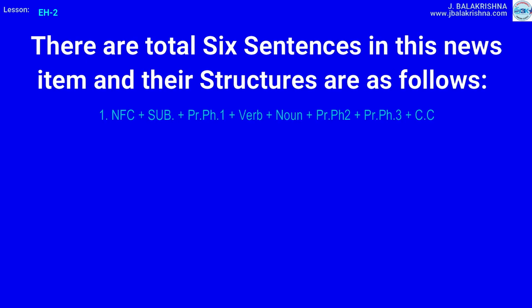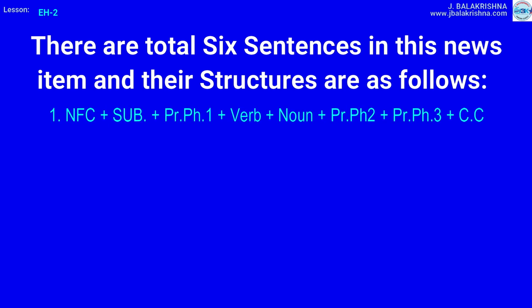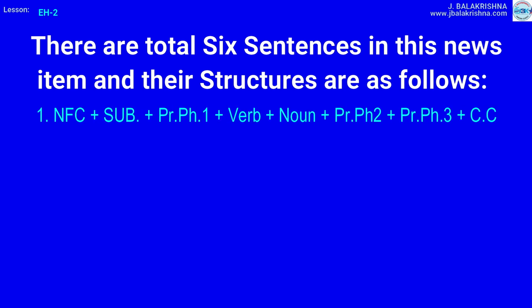Sentence 1, which begins with disturbed and ends with killers. The structure is like this: non-finite clause plus subject plus prepositional phrase 1 plus verb plus noun plus prepositional phrase 2 plus prepositional phrase 3 plus conjunction clause.